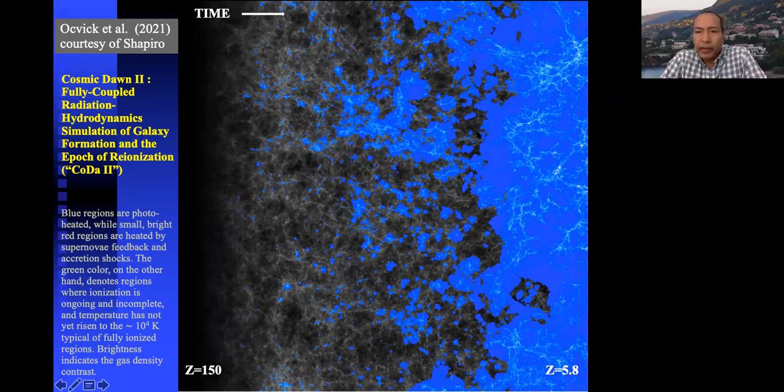And you can see these patches of reionized bubbles growing in size, and then at a redshift of about 6, the entire universe is reionized. So it's a patchy, bubbly epoch of reionization, and understanding that bubbly, patchy structure would be very difficult.